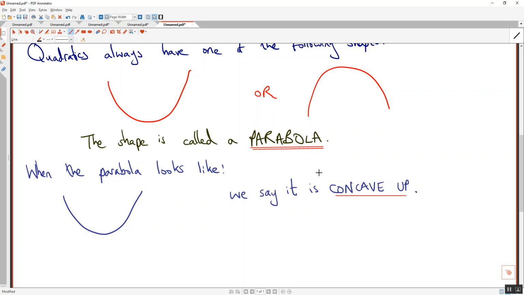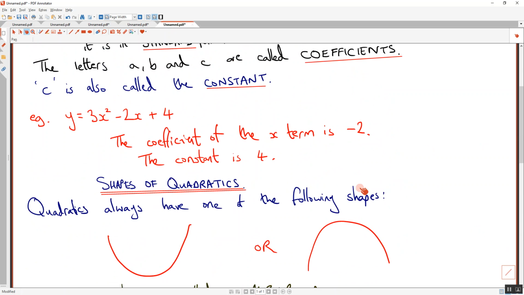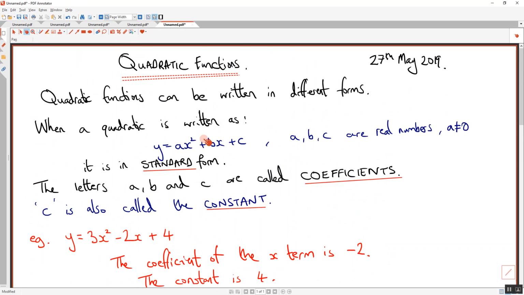The a is the coefficient in front of what? What is a the coefficient of? X squared, right? A is the coefficient of x squared.